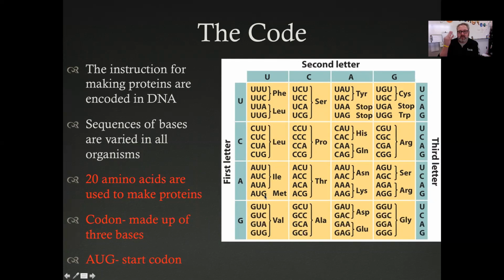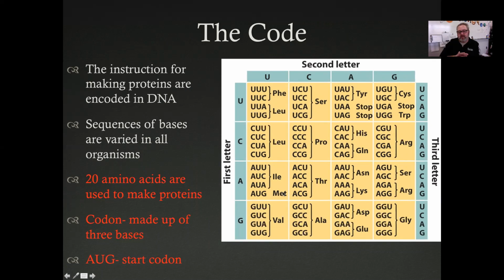That's the sequence of those bases that makes up that codon. And that codon actually codes for methionine, which is the start codon. Basically what that means is that it tells the strand, hey, that's where we're going to start making the new protein, that's where we're starting. So it starts with the amino acid methionine.